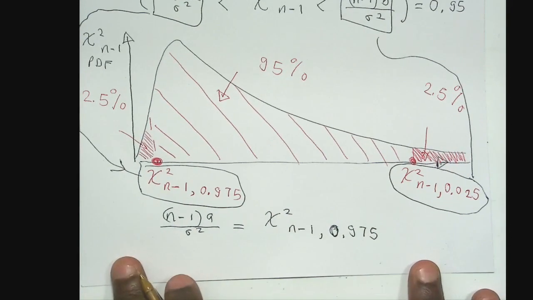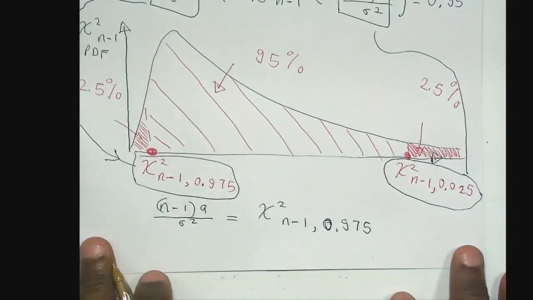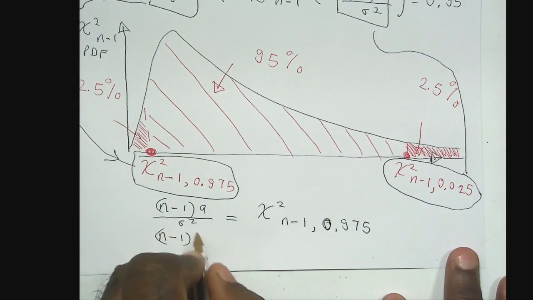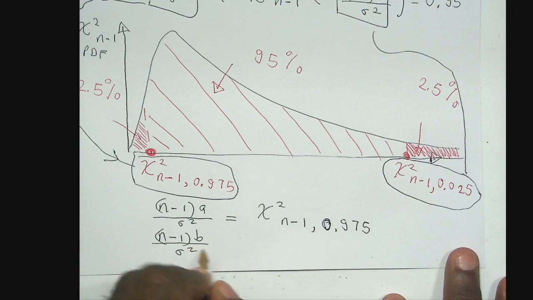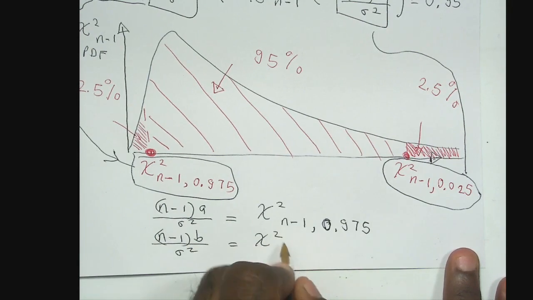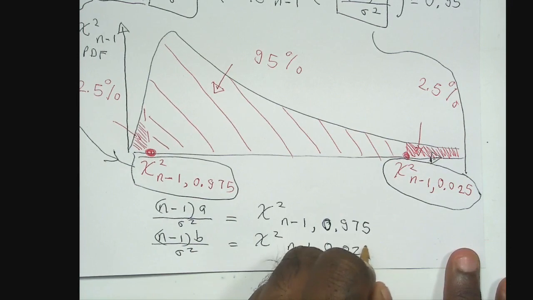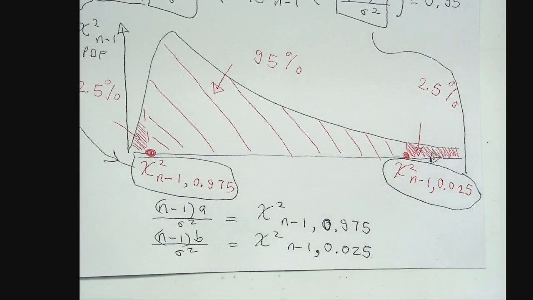And n minus 1 times b divided by sigma squared is equal to this, right?